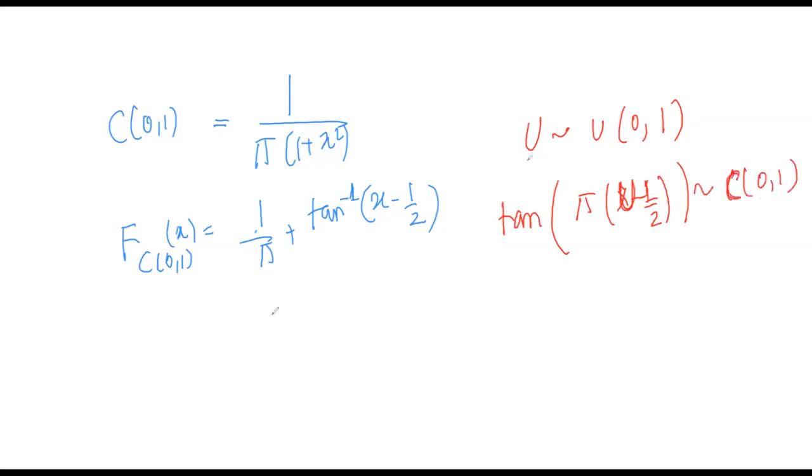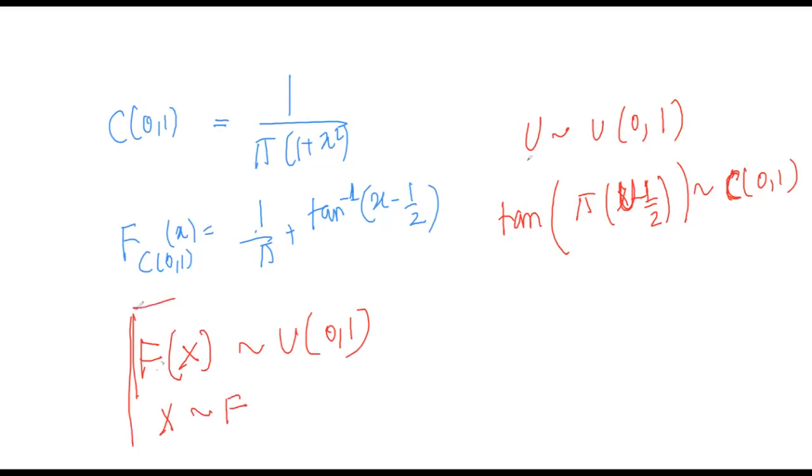This comes from the relationship that for any random variable x with distribution function f, f of x follows uniform 0, 1. So x has a distribution function f, and f of x, the random variable, follows uniform 0, 1.